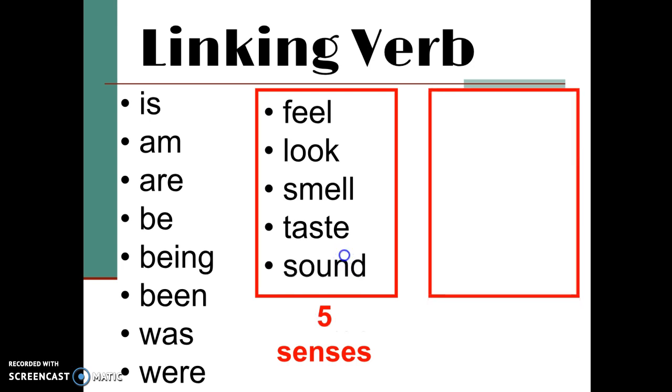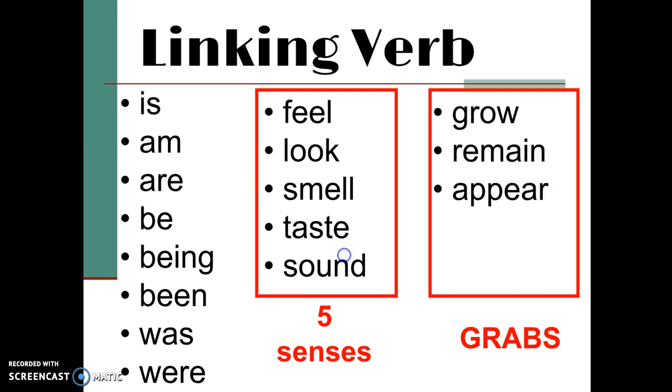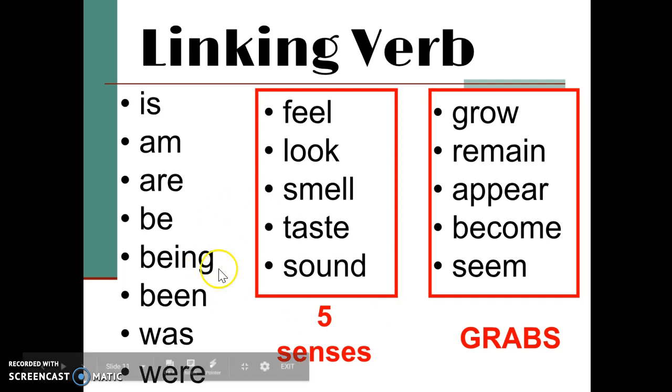And then we have another 5 that go with the mnemonic GRABS: grow, remain, appear, become, and seem. So to be a linking verb when we find it in a sentence, it has to be one of these verbs, and it has to have a word following it or after it that links back to the subject in front of that verb.